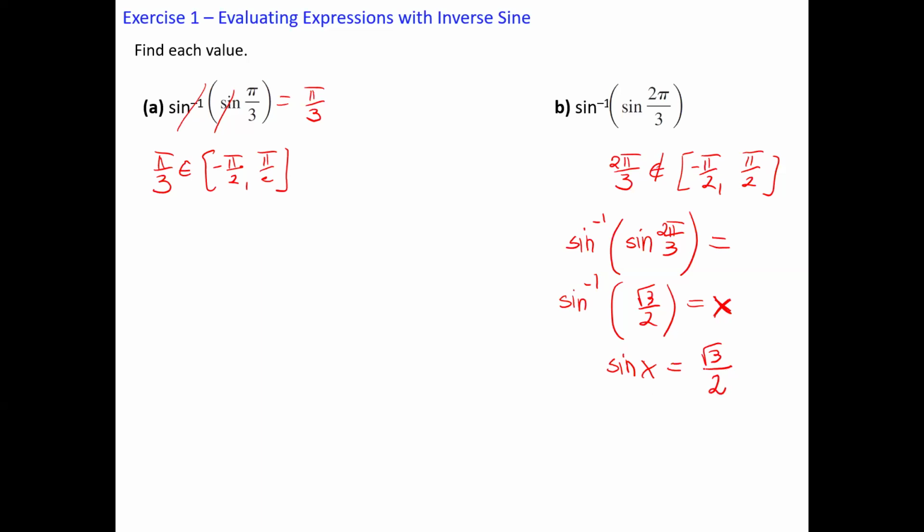And this is a basic trigonometric equation. Sine of what angle equals square root of 3 over 2? We, of course, know that this is 60 degrees, pi over 3, because this belongs to that interval. That's the domain.